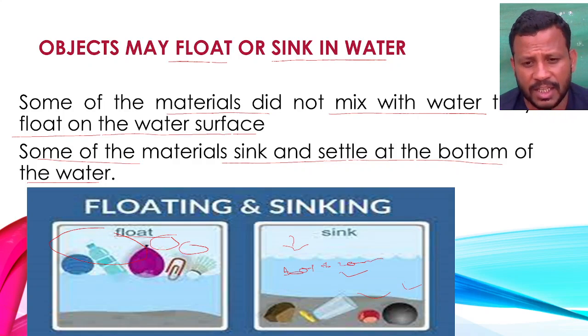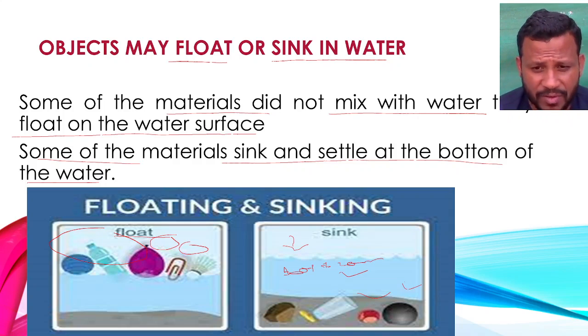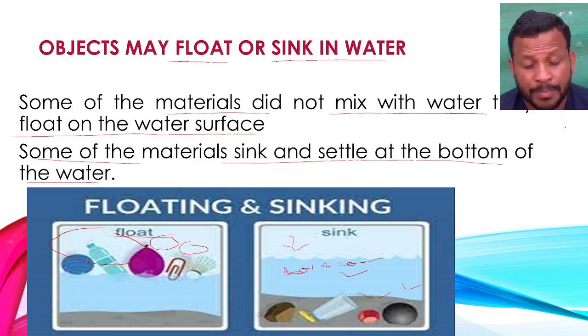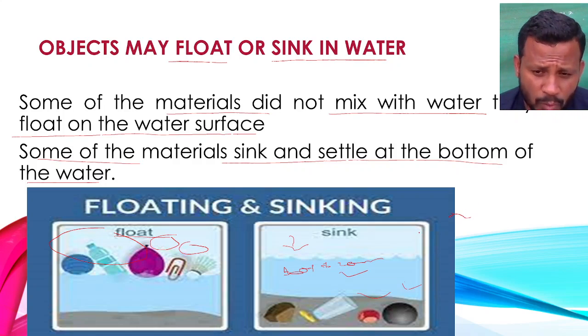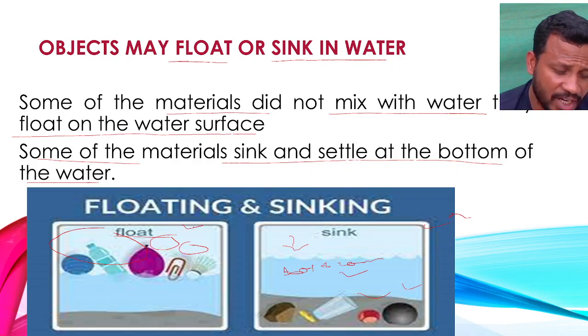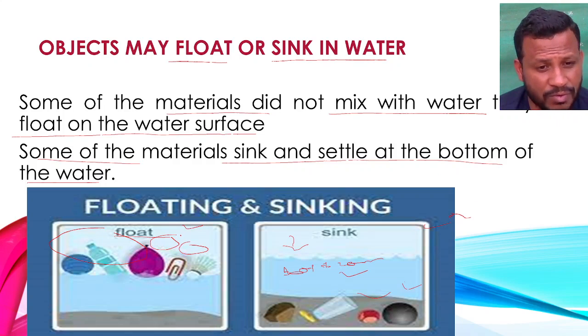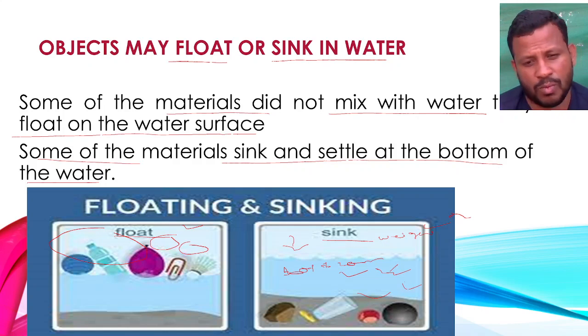Whenever you go to the water and you throw some stone in the water, what happens? The stone goes deep and settles down at the bottom of the water. We see the substances which are lighter in weight float on the surface of the water. The substances which have more weight settle at the bottom of the water.